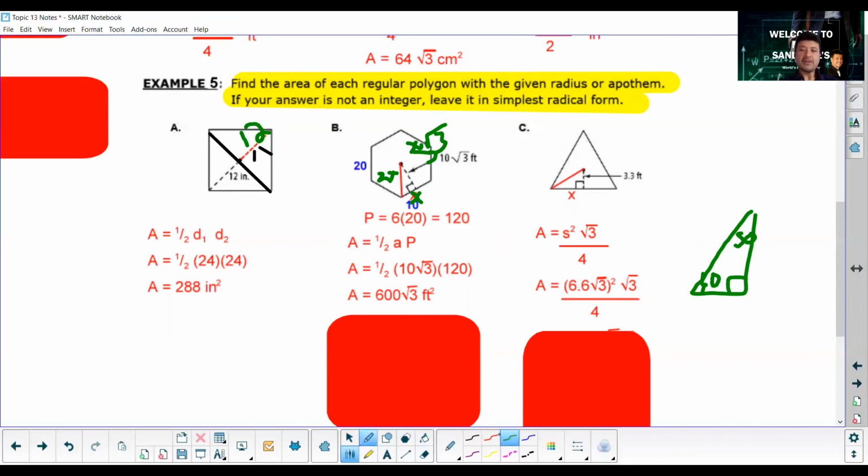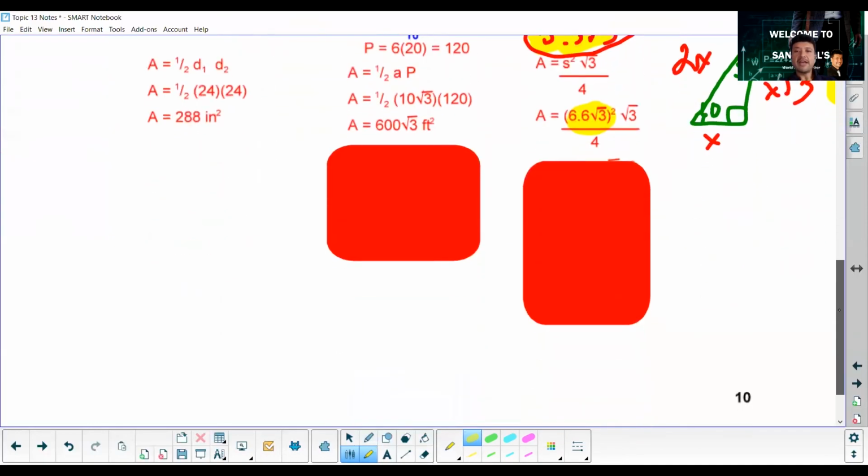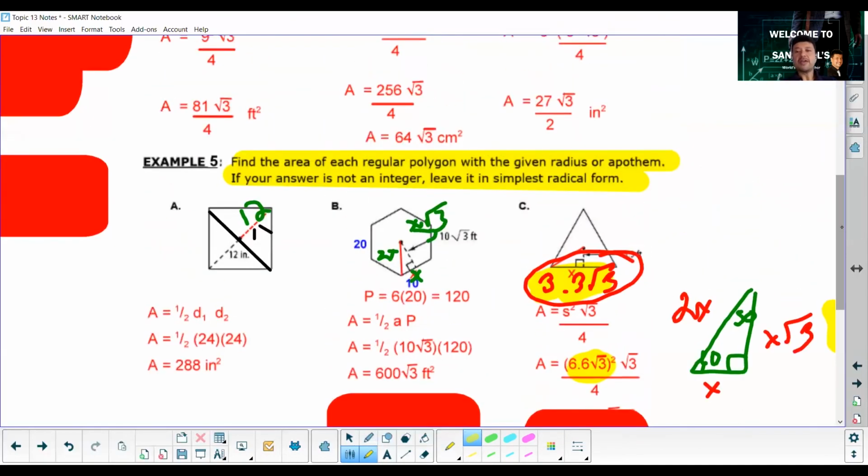In red, I'll write down that this is 2x, this is x, and this is x radical 3. So this is kind of flipped upside down. This matches this part right here in some respects, but there are 2 of them. So as a result, the 2 of them are there. Okay, so after that, you could go ahead and use your calculator and get the area.